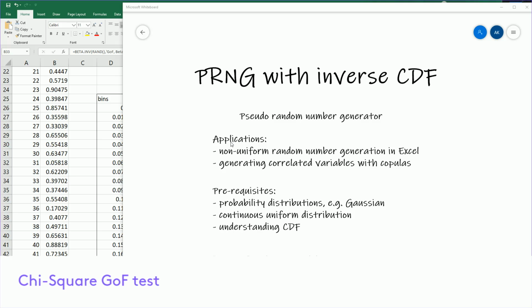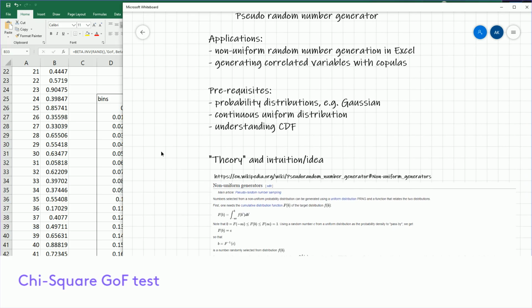For all intents and purposes, it is indistinguishable from a truly random uniform number sequence. Then we plug it into the inverse CDF and obtain a random number from a different, non-uniform distribution. So that's the method I'm going to discuss here.